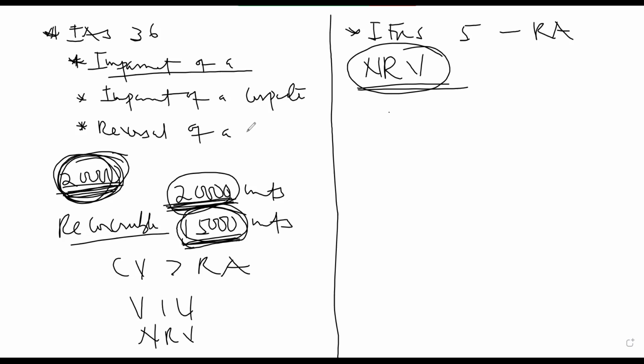When do we say that the asset is held for sale? The company has an asset. Assets can be purchased for so many reasons. It can be for resale, for administrative purposes, or for rentals. So the company has now seen that this particular asset, we don't need it again, so we want to sell it.